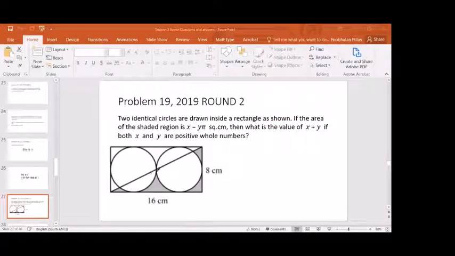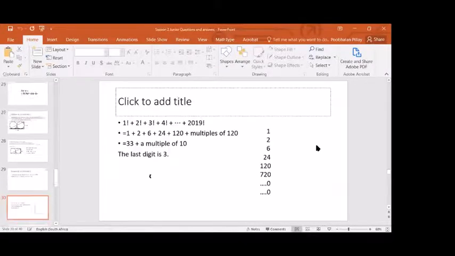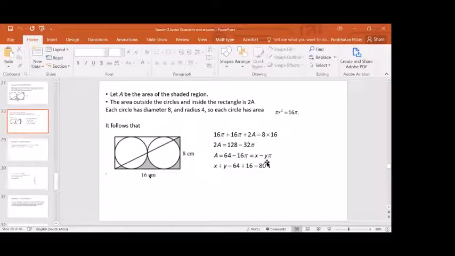In this class, I'm simply explaining the solutions. So can you see? There's the solutions here. So I'm explaining all these things to get x plus y equals 80. Okay, so the solutions, I'm going to send this to you.